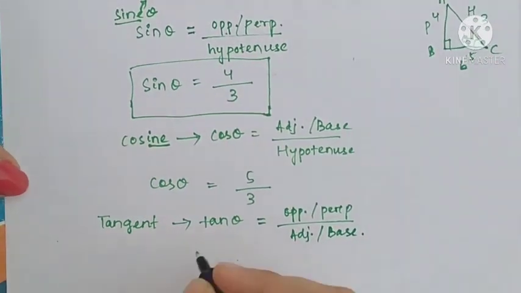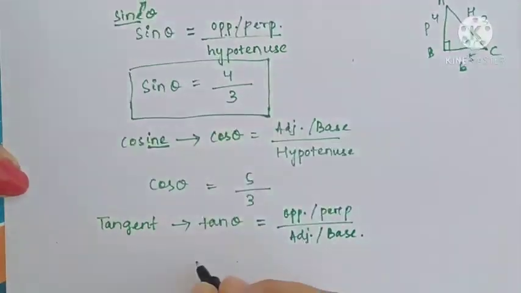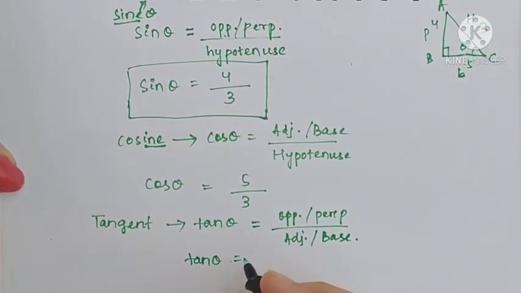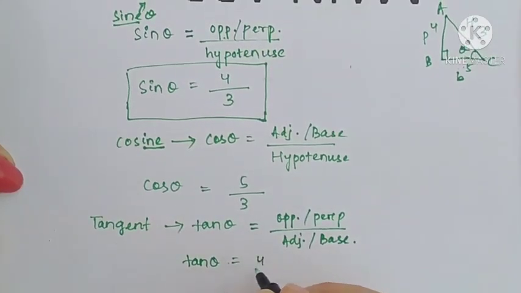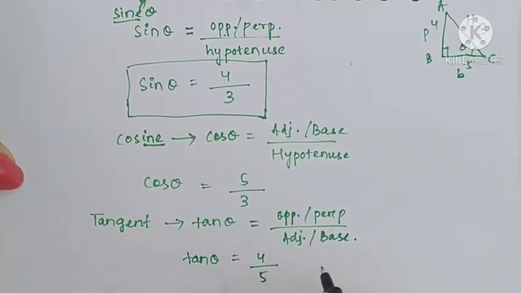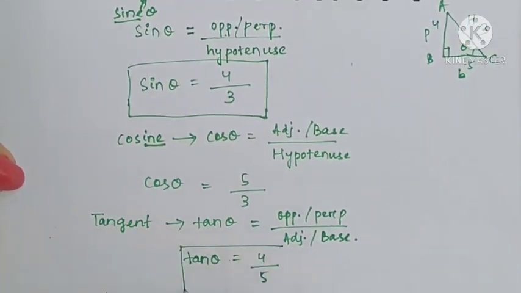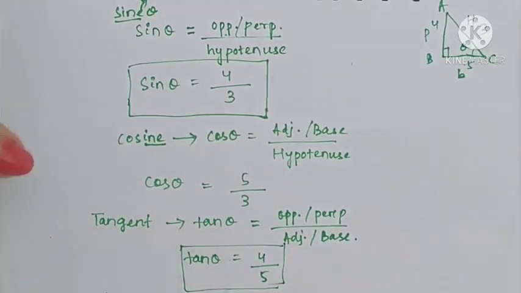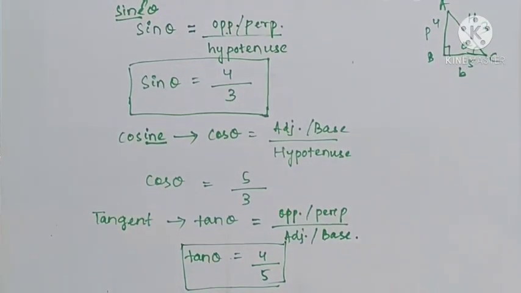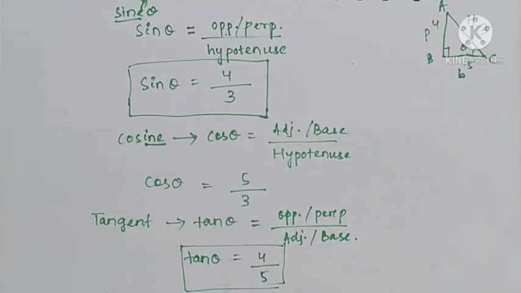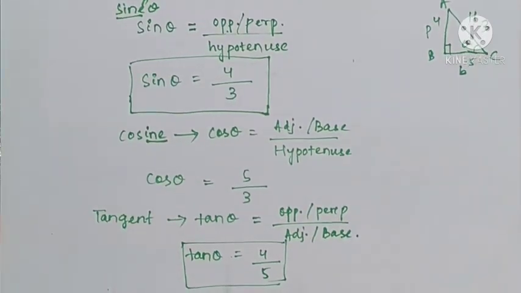So considering the triangle, we got tan theta is equal to 4 by 5. So the names cos theta, cosine theta, tangent theta, sin theta seem scary, but they are easy.